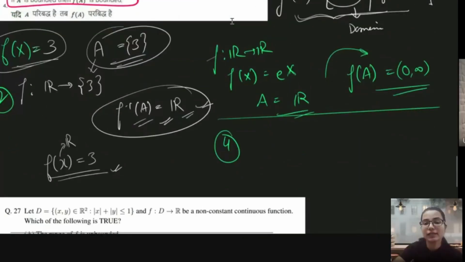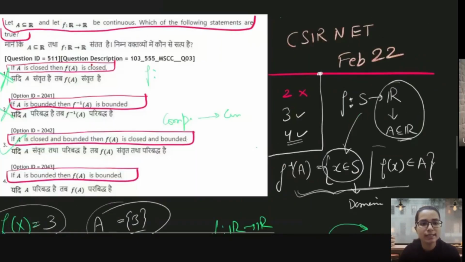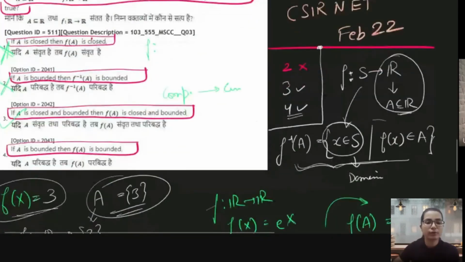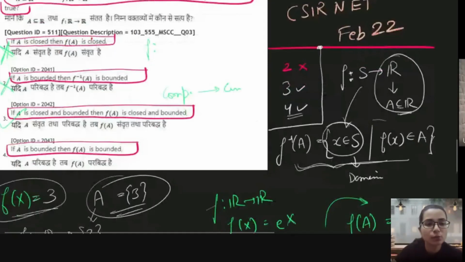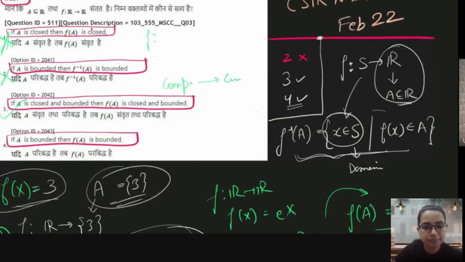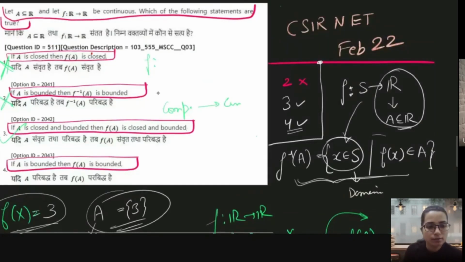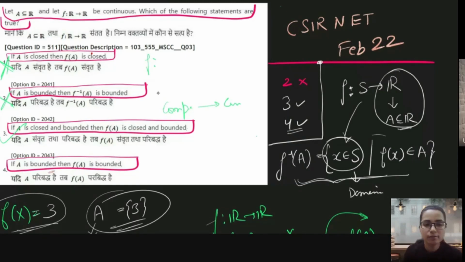Okay, let me give you an example. A is bounded, and the function is defined from R to R. We can use that if A is bounded, then A is a subset of some closed and bounded interval, and then we can use that compact goes to compact.